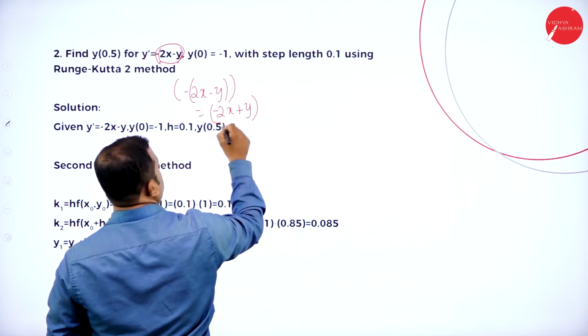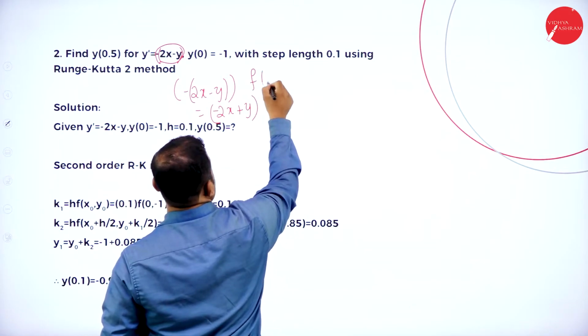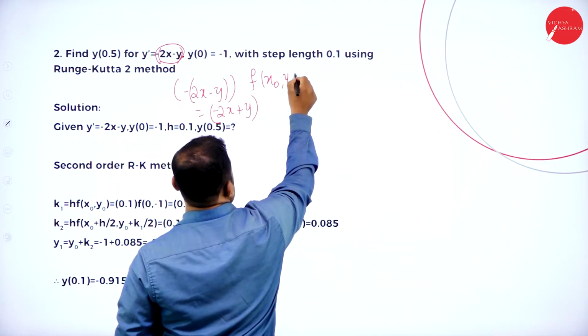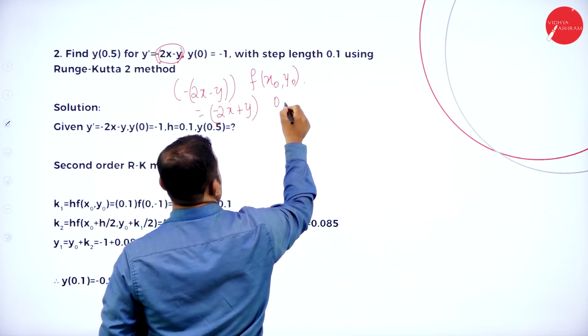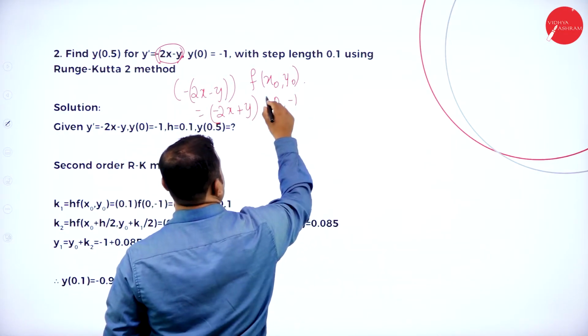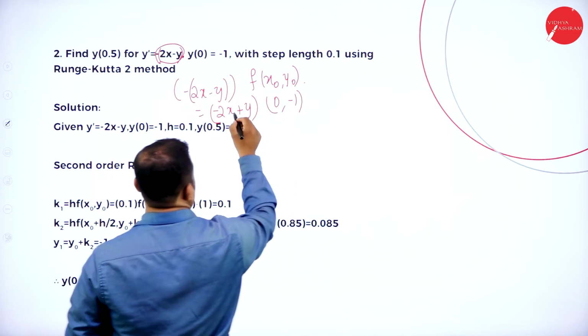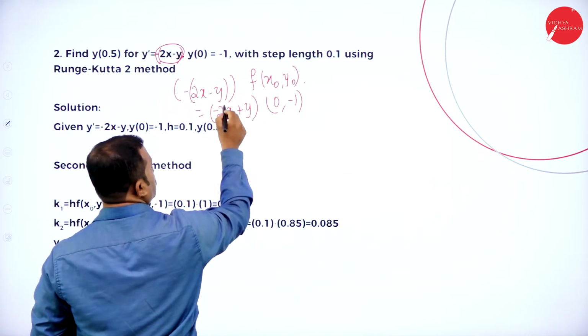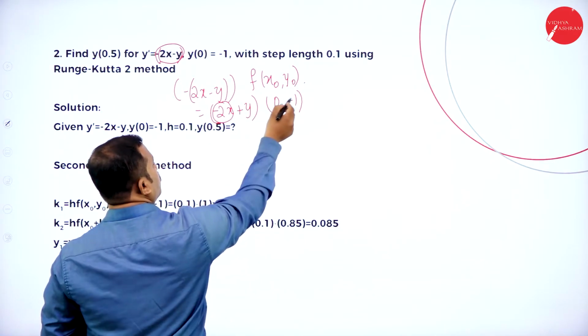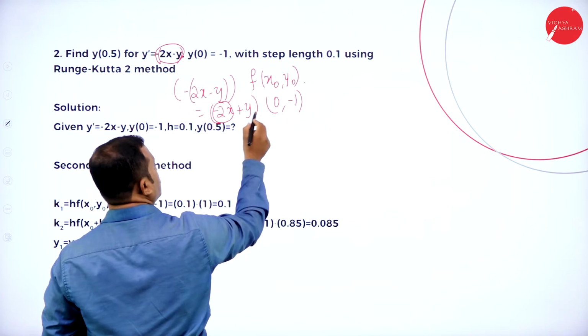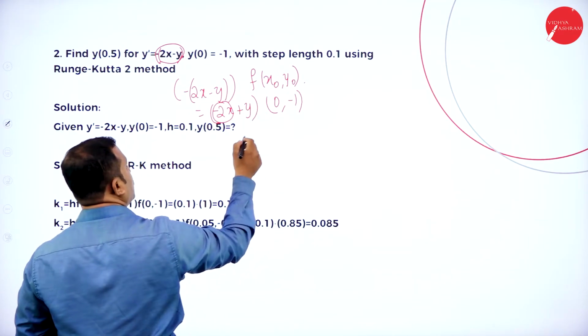If that is the case, what is the value of x0 comma y0? F of x0 comma y0, where x0 is equal to what? 0, comma y0 is equal to what? Minus 1. This is the value of x0 and y0. Let me substitute this into this equation. The whole term becomes 0, because 0 into minus 2 becomes 0. We have minus 1 here. So that is the value of f of x0 comma y0.